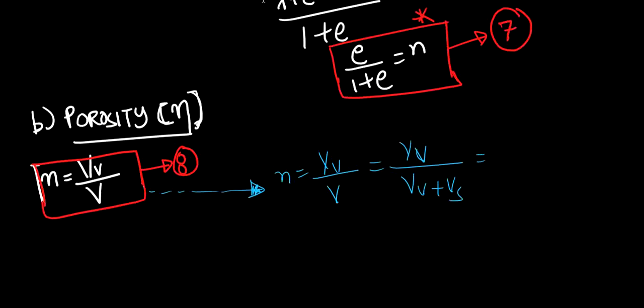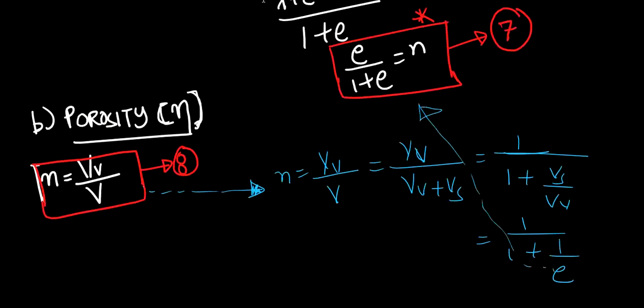Now if I divide numerator and denominator by Vv, the numerator becomes 1, and the denominator becomes 1 plus Vs upon Vv. If I rearrange the terms, I will get 1 upon 1 plus 1 upon E. This thing we have already done, so I'm not repeating it, I'm just skipping this.